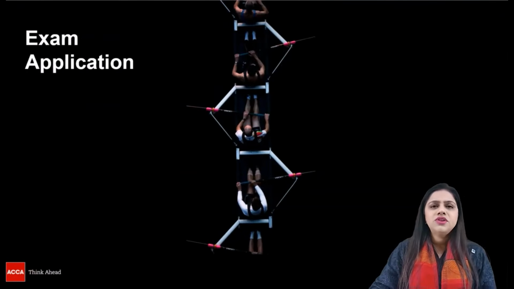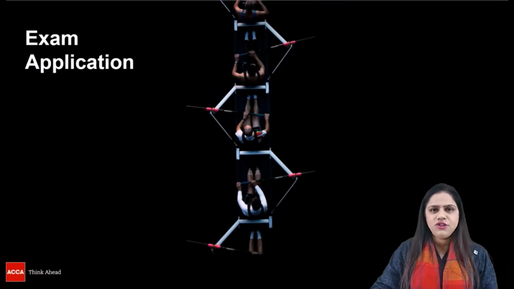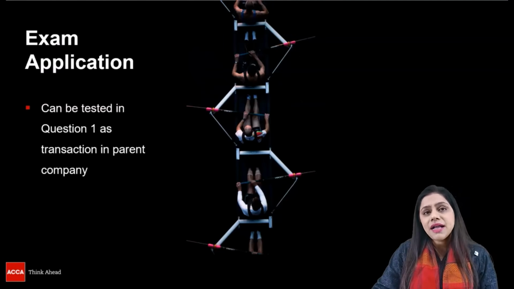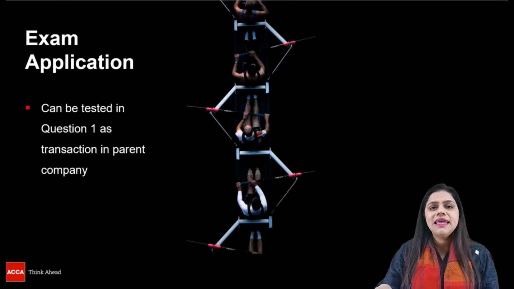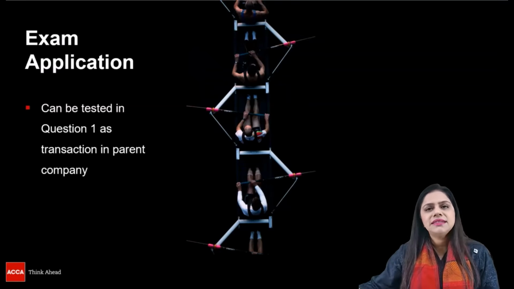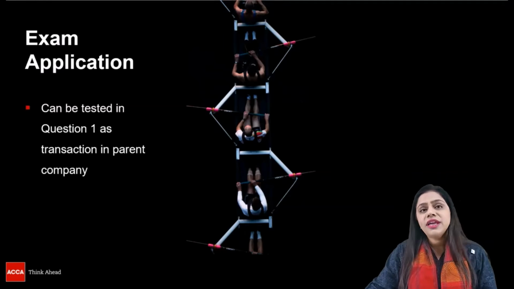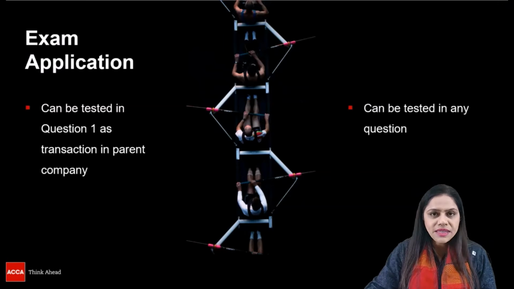Now, when we talk about the exam application, then your IFRS 2 can be tested in question number 1 also. And normally it comes up as a treatment where they say that the parent company has this share-based payment commitment within the scenario, so you have to recognize it just like an individual company.